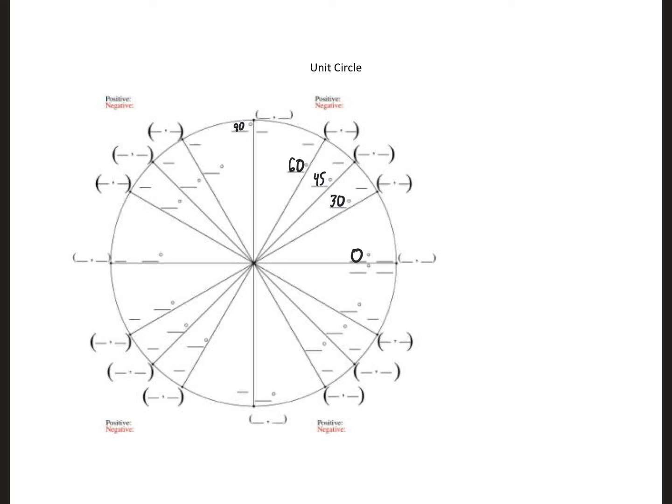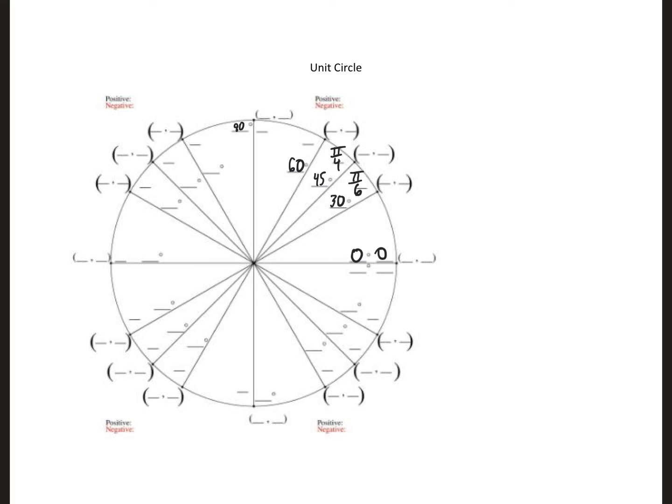If you were to do so, in the upper right quadrant, the result would be 0 degrees is 0 radians, 30 degrees is pi over 6 radians, 45 degrees, as we already found, is pi over 4 radians.